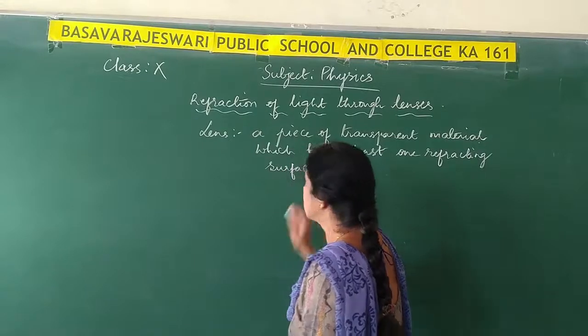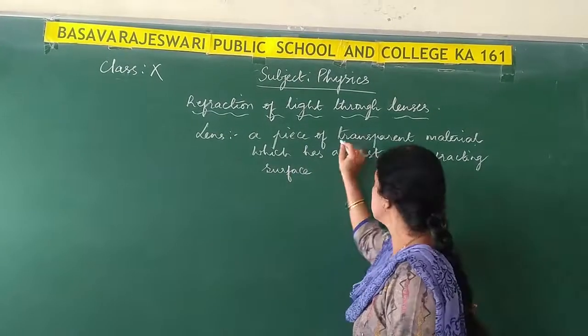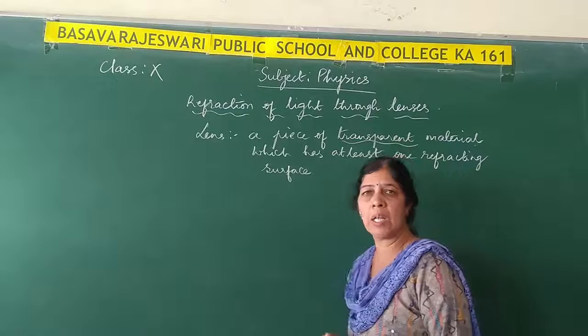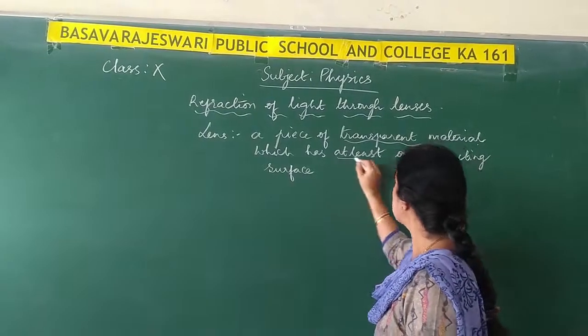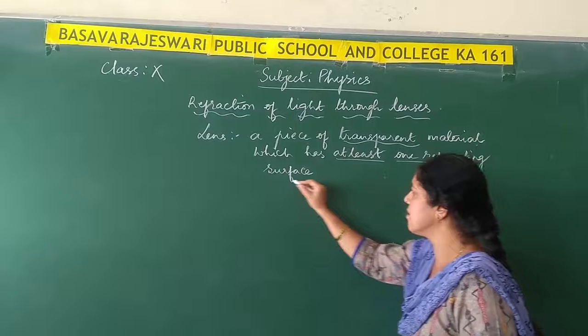So what is a lens? A lens is a piece of transparent material. Transparent material means light can pass through that, and it has at least one refracting surface.